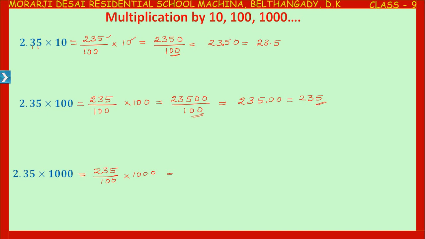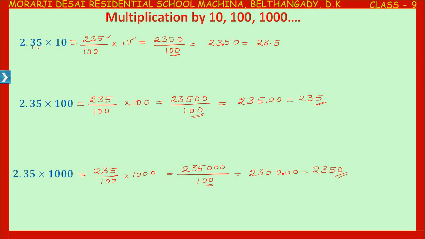You have to write 235, after that 3 zeros, 1, 2, 3, divided by 100. Now put the decimal point. There are 2 zeros in the denominator. So while putting the decimal point, 2 digits should come. 1, 2. That is, the decimal point is here. That is equal to 2350.